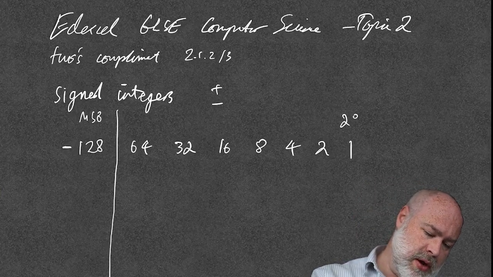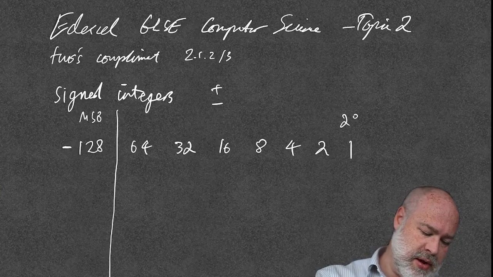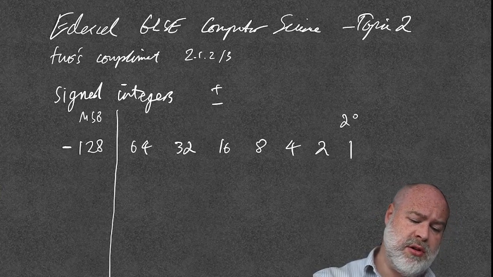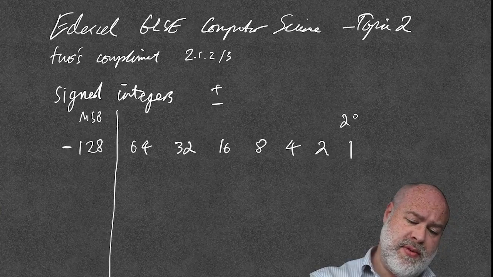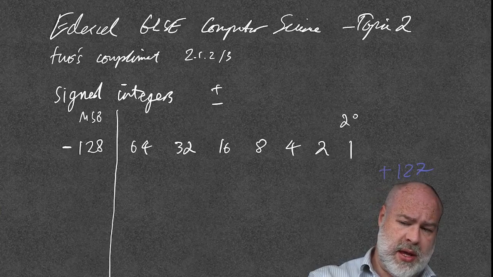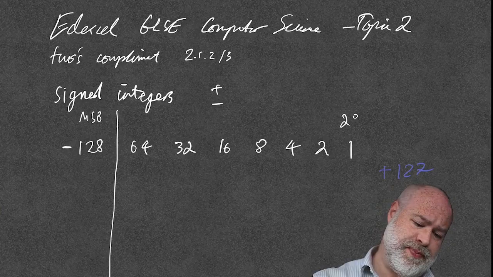So we've now got a different range of numbers that we can have. 64 plus 32 plus 16, 8, 4, 2 and 1. The biggest positive number we can have is 127. That would be the largest possible value we could have.